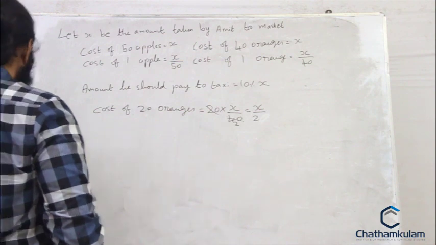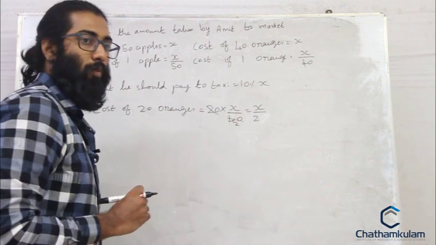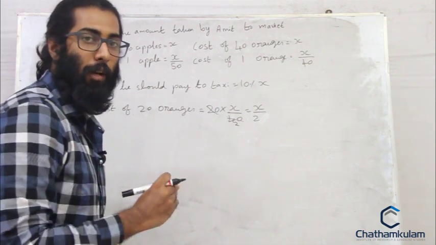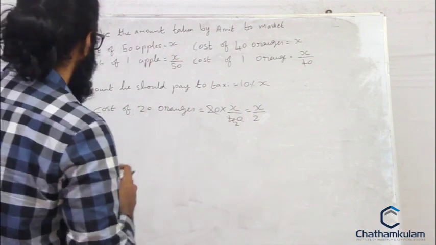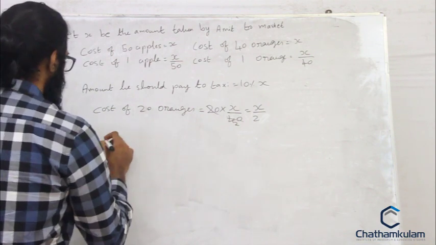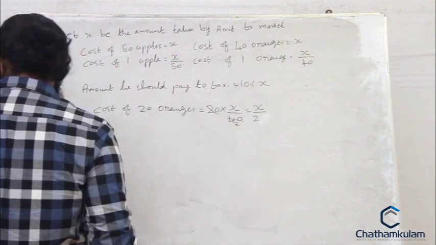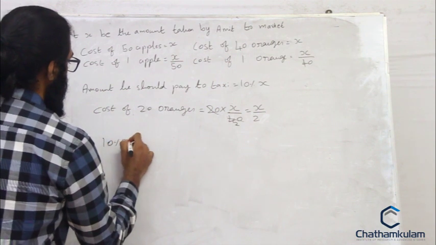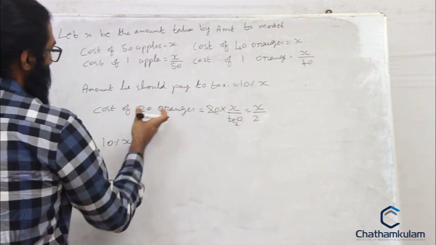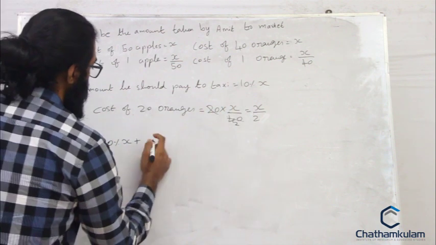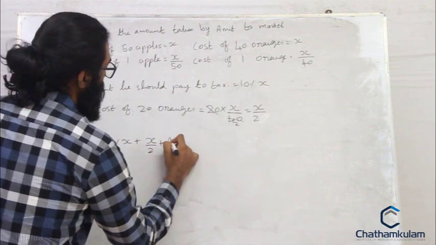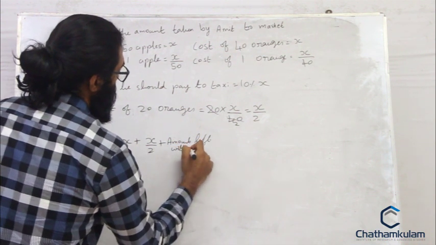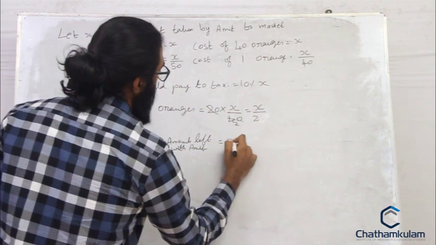Then next, what we have to find is, with the amount that is left with Amit, how many apples he could buy, right? So for that we solve the equation. What is the taxi amount? It's 10% of X, plus the amount for buying 20 oranges, X by 2, plus the amount left with Amit, is equal to X, the total amount.